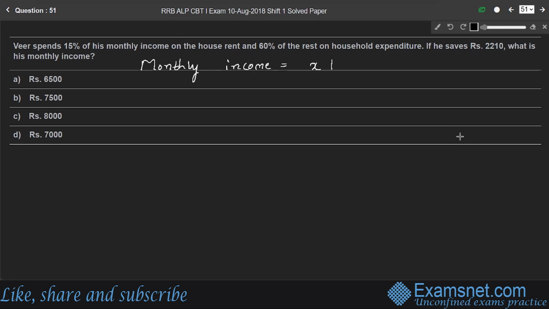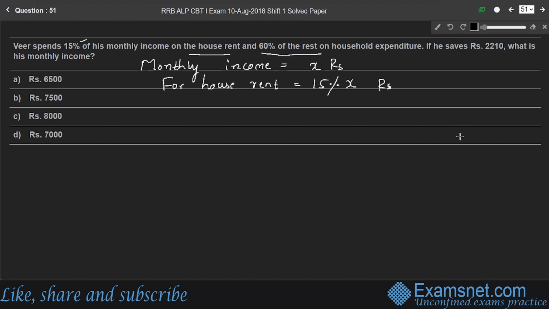He spends 15% of his monthly income on the house rent. So for house rent, he spends 15% of X rupees, right?